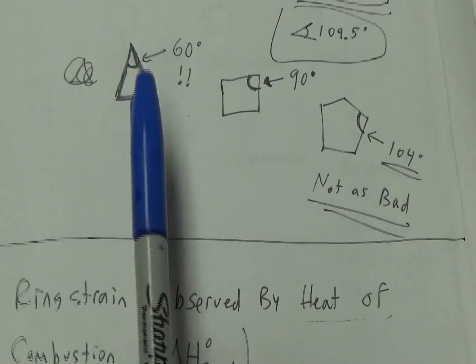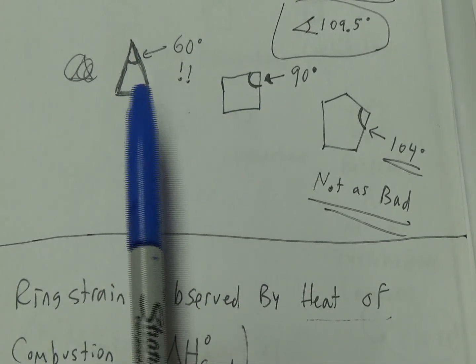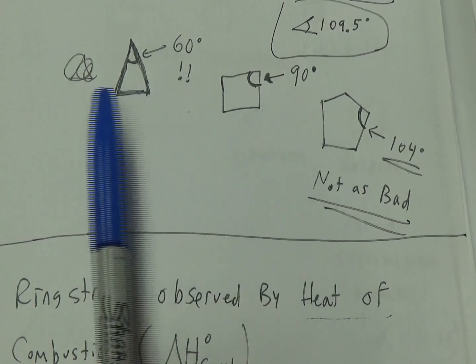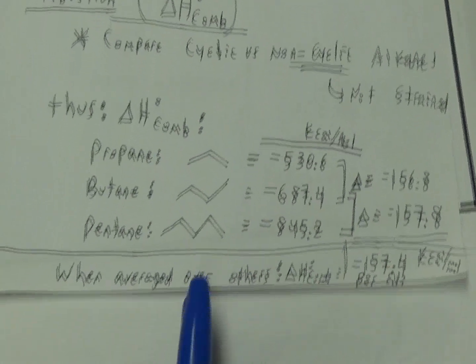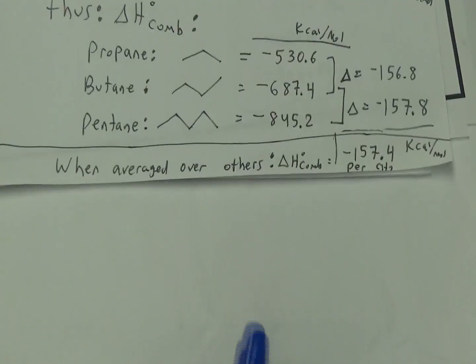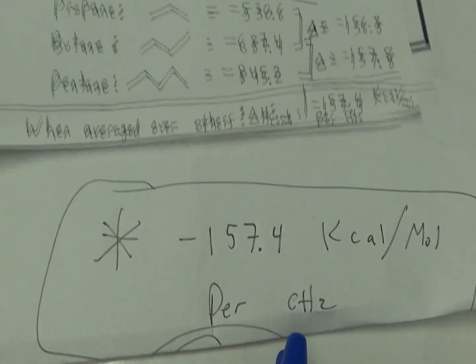These strained ones have extra energy, and all we have to do is determine the difference between burning these molecules versus burning these molecules, and normalize it based on the number of CH2s. So we'll do that very nicely.